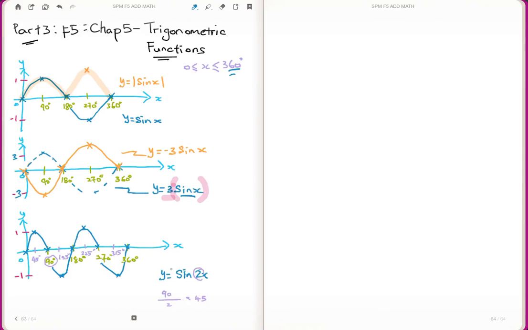Okay, the fourth one should be under the same sheet, the one below, but I don't have space here with me. So if you are doing this at home, I hope you manage to squeeze it onto the same page so you can compare.